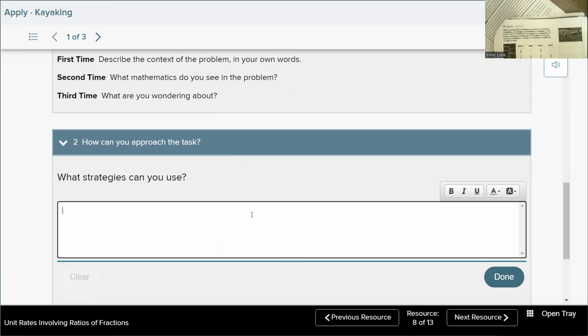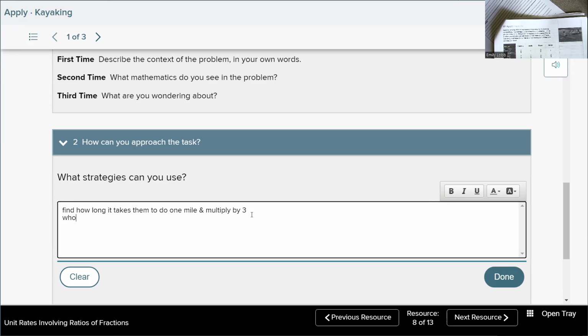So we could find the unit rate, or find how long it takes them to do 1 mile, and multiply by 3. Then how do we kind of get our answer? Whoever takes the most time or the least time wins the race.